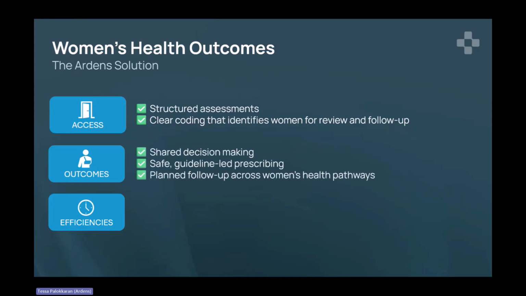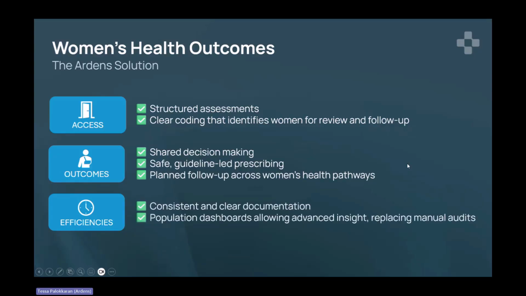Outcomes, we're aiming to improve those because we're sharing decision making with our patients, where we've got resources to enable safe guideline-led prescribing, and we've also got the ability to follow up these patients across the women's health pathways. Lastly, our resources should help improve efficiency because documentation is clearer and more consistent, and we reduce variation.